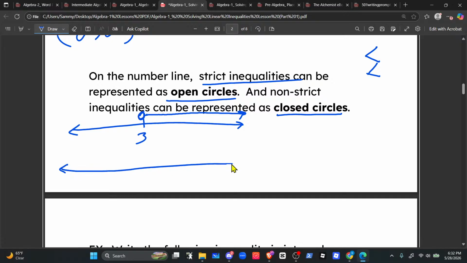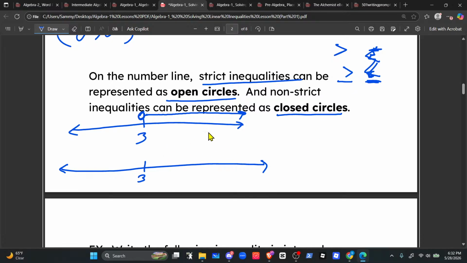This is different from non-strict inequalities. So if we had 3 and we wanted all numbers, I meant to say greater than with the 3 and then greater than or equal to.